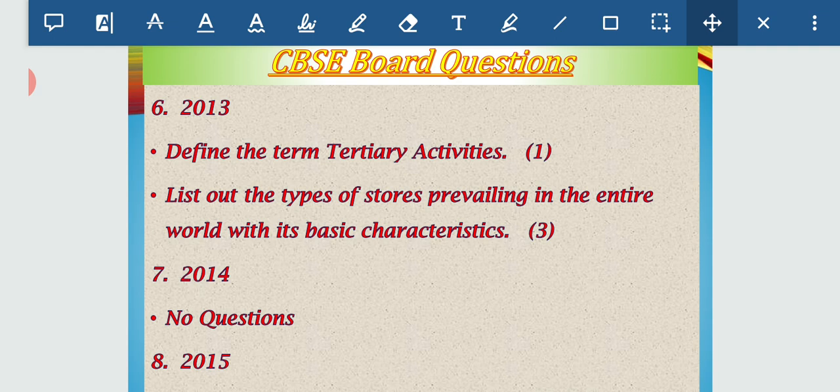Now next, list out the types of the stores prevailing in the entire world with its basic characteristics. Now there are three types of stores which prevail in the entire world. Number one is the consumer cooperatives, which are the first one on the large scale, and it is a retailing one, and it is basically there for the welfare of the society, because here the products are sold at a subsidized rate.